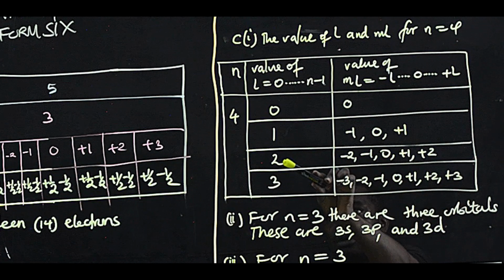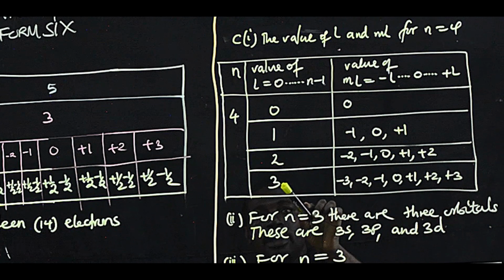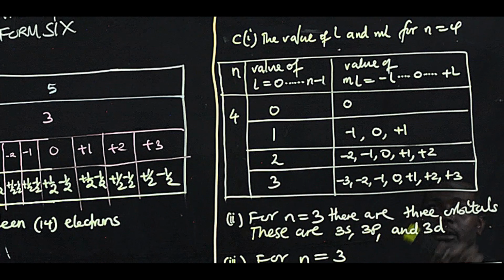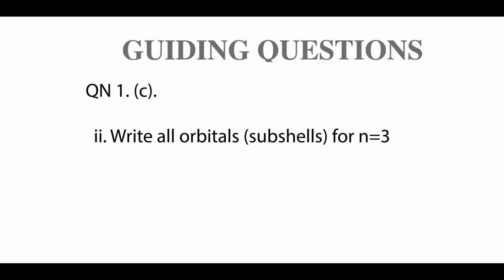For l is equal to 2, ml ranges from -2 to +2. And for the last value, l is equal to 3, ml ranges from -3 to +3. For question 1C, part 2: write all orbitals, sometimes known as subshells, for n is equal to 3.